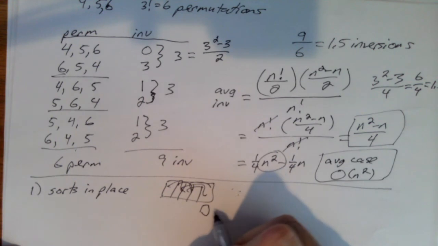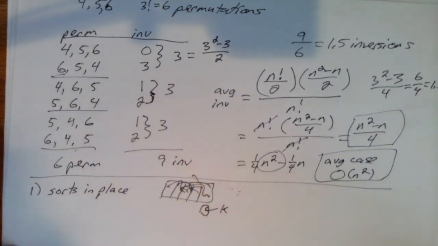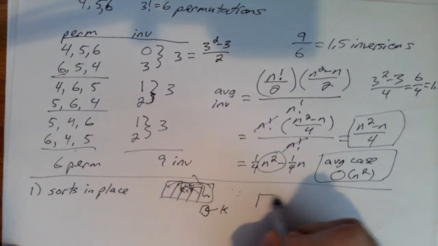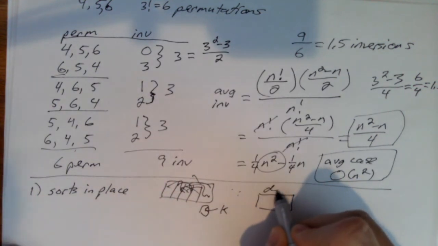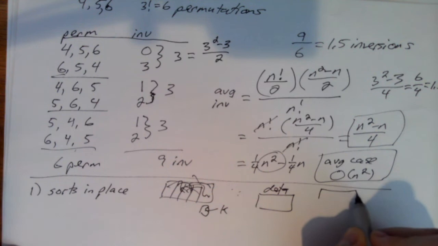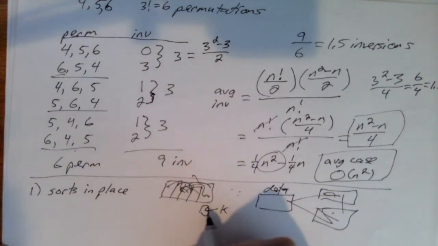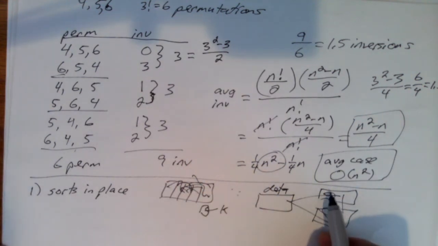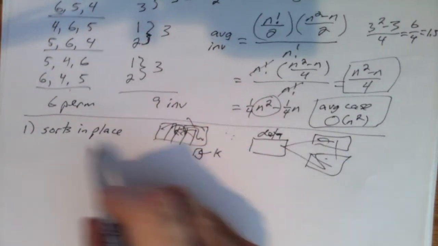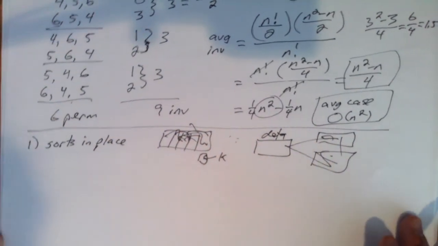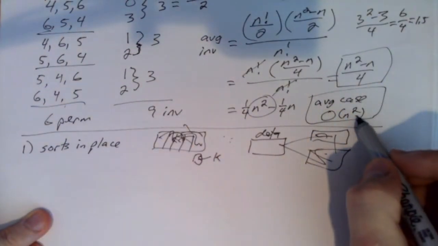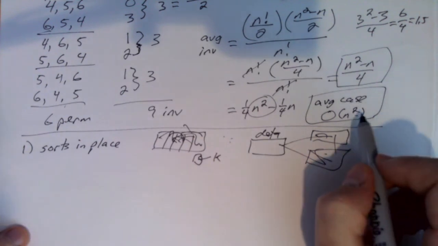We had the key that actually went over here, but then we just copied to existing locations. Some sorting algorithms work differently. They might have this is your original data, and then you have to create some other subarrays, and you're copying things all over the place. So if you care about not using this extra memory, you may care more about something like insertion sort. Assuming n is small, you still wouldn't choose it if you have a large n.